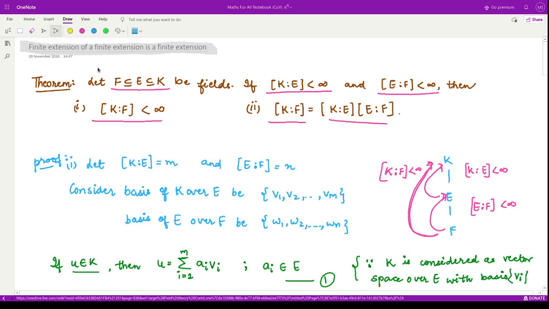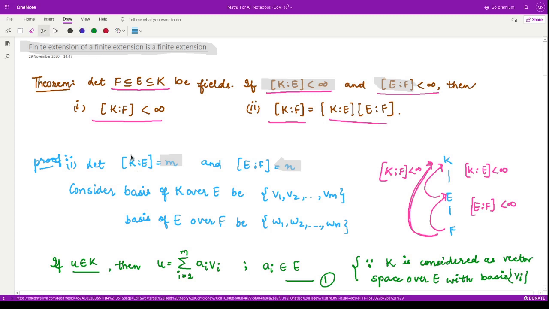So for that we have given this degree to be finite. So let us call it m, and we have also been given the degree of extension E over F to be finite. So let us call this n. You also know that any extension field over a given field acts as a vector space over the given field.